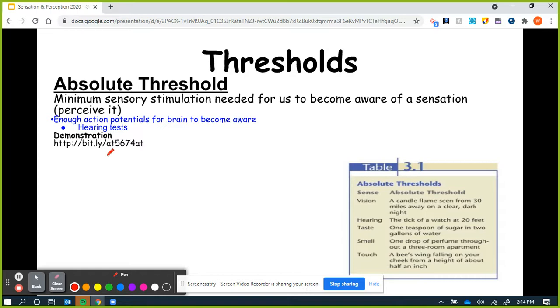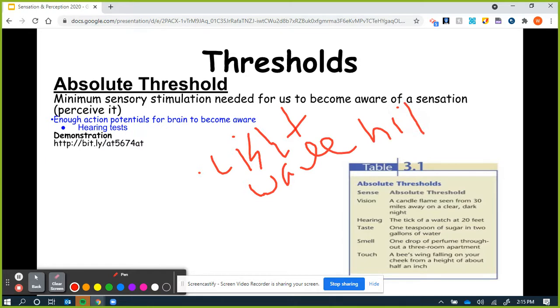This is called absolute threshold. Okay? Absolute threshold is the minimum sensory stimulation that neurons need to be aware of the sensation. Okay? Essentially, we'll say the light wave has to hit the neural threshold.